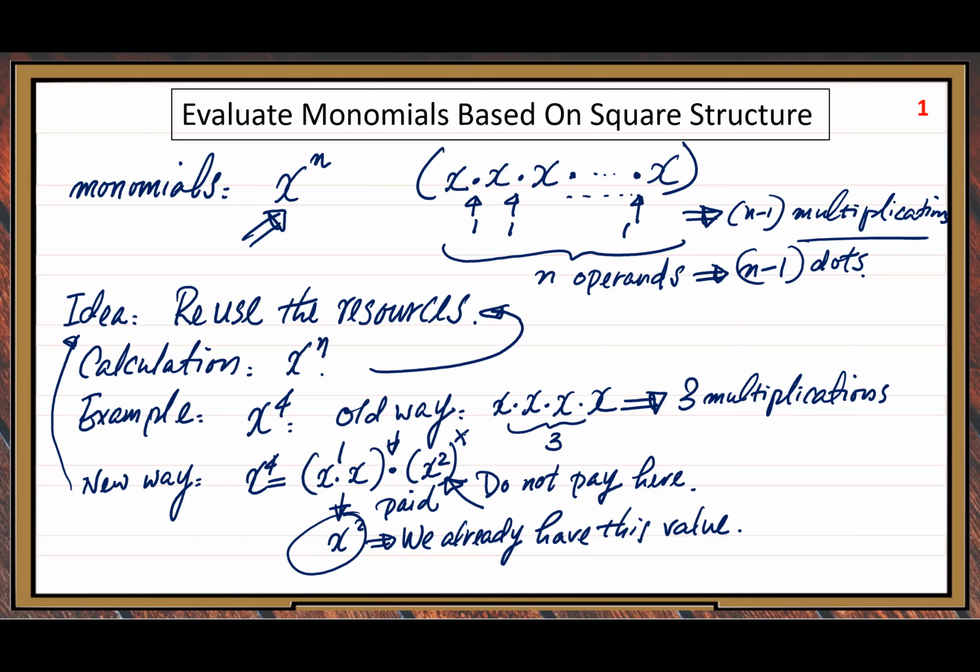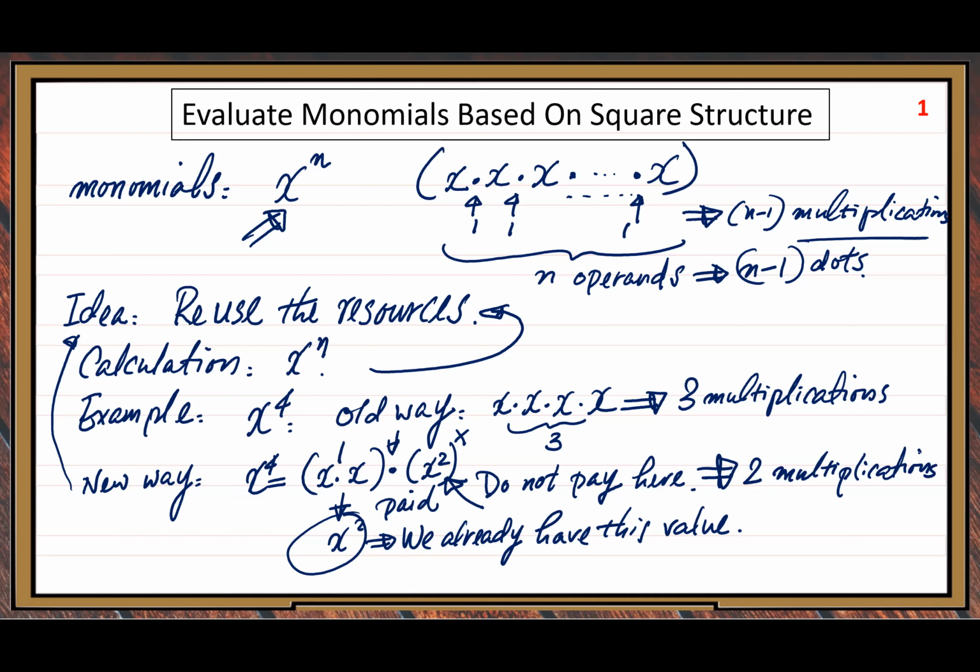So as a conclusion, you can see we do the reduction. We only need two multiplications. All right, we improve it.